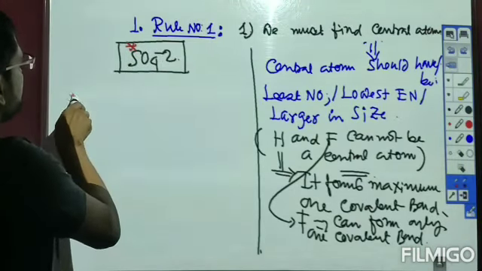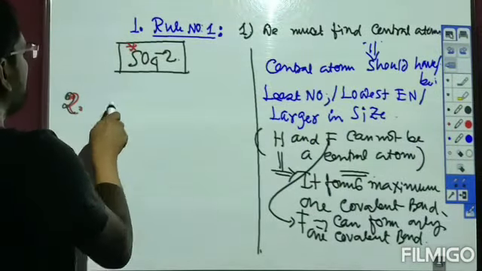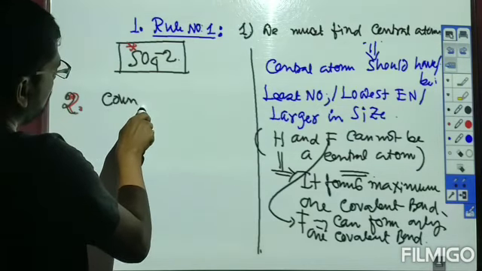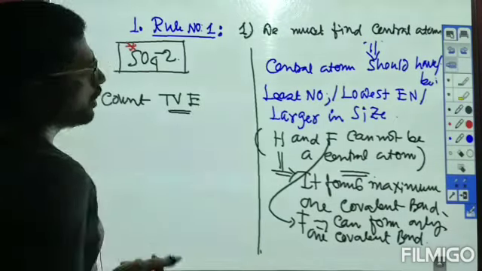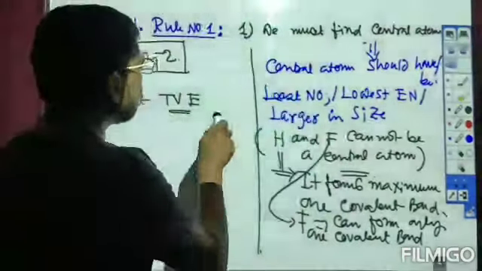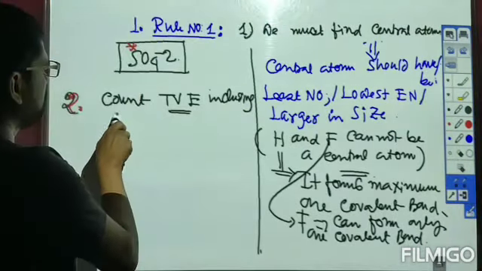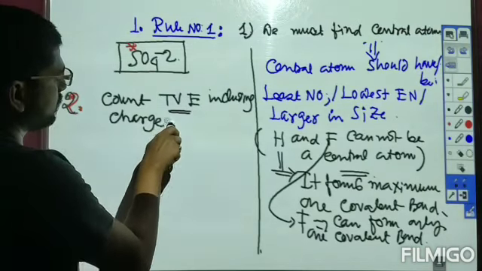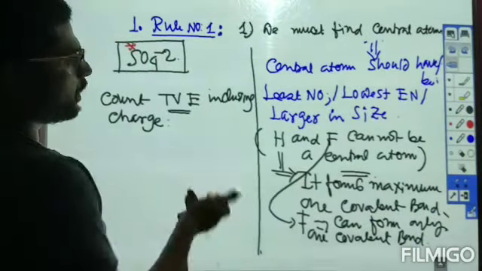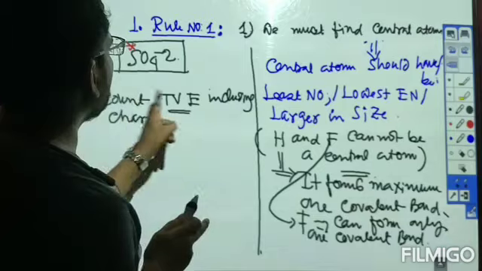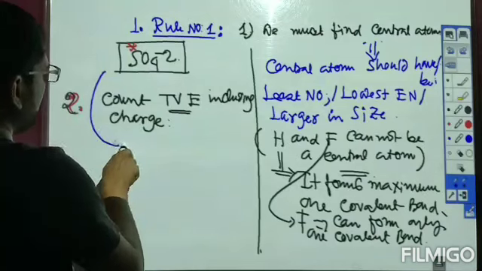Rule number 2. Count the total valence electrons, including charge. If the charge is negative we add, and if positive we subtract. Here, what will be the total valence electrons in the case of SO4 minus 2?